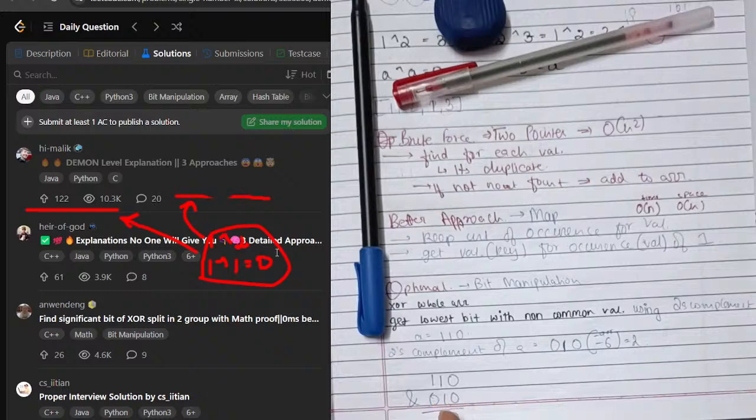Plus 1, if we add, it will become 0 1. Why is this not getting away? So if it is 0 1 1 1, it will become 1 0 0 1. So till the first one we will keep it as it is. From next onwards we will reverse.